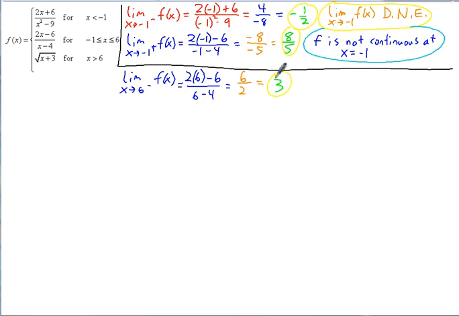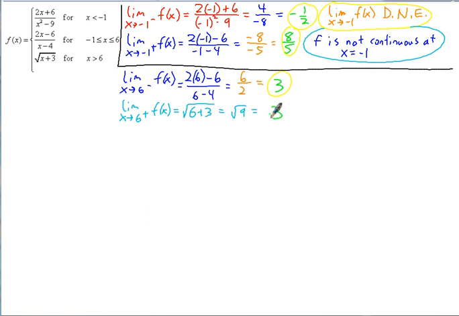Now let's find the limit as x approaches 6 from the right. So as x approaches 6 from the right, you use the bottom piece because this is where x is greater than 6. So if you substitute 6 in there, we get the square root of 9, which is 3.